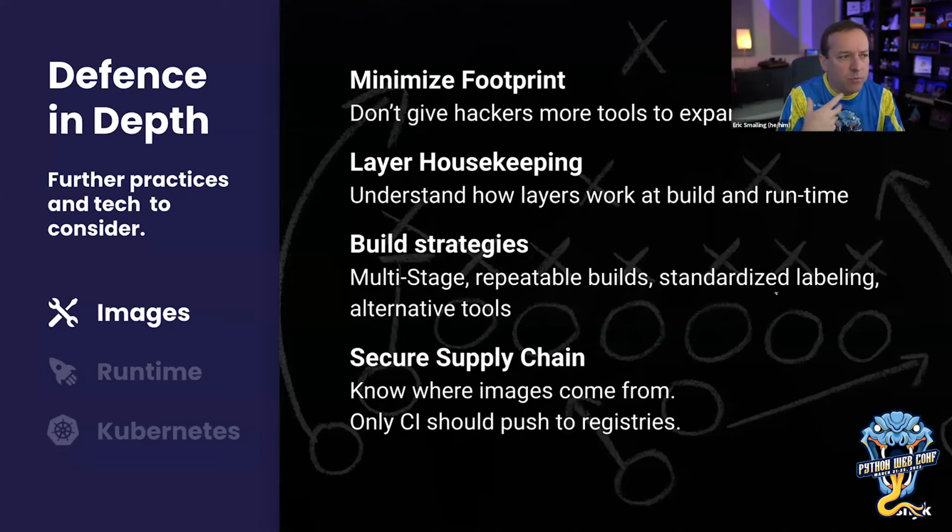Which kind of moves me on to build strategies. As you're building your images, there are many different strategies you can use to minimize that size and to do the right things. Docker implemented something called multi-stage builds in 2017. This allows you to have multiple sections or stages in your Dockerfile. Each one starts with one of those FROM lines.